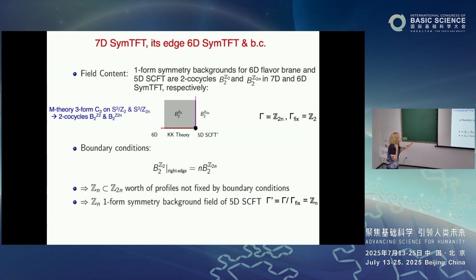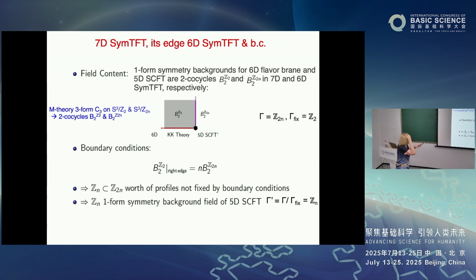The one-form symmetries are obtained from 2-cycles, B2 fields that sit in the bulk symmetry, which comes from taking the M-theory 3-form potential and reducing it on S3 mod Z2. This is the flavor part.